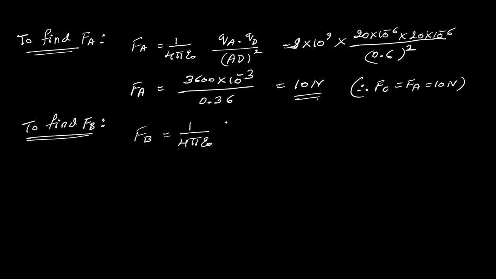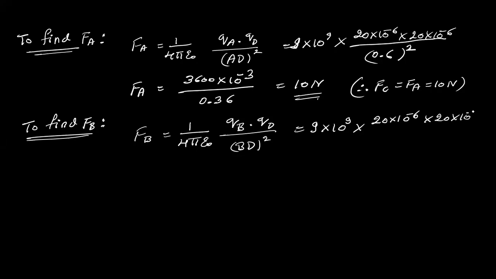It is 1 by 4 pi epsilon naught, with the charges at B and D both the same, and the distance is the diagonal length BD square. Substituting, 9 into 10 power 9, into 20 into 10 power minus 6, 20 into 10 power minus 6, divided by BD square, that is root 2 into 0.6 whole square.